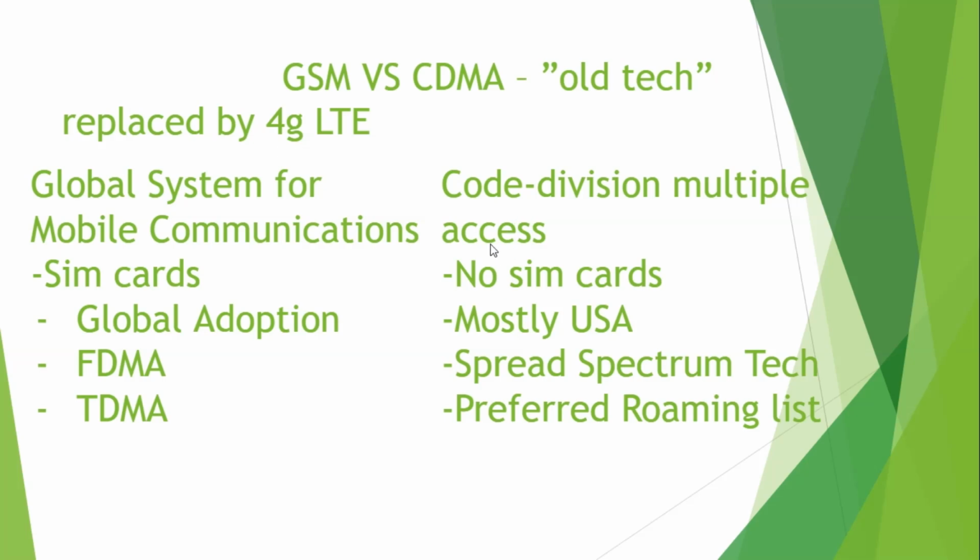One thing that I want you to take away is the preferred roaming list, because it is covered in the course objectives, and it's something they want you to know. What would they ask on a test? If you know that the preferred roaming list is attached to CDMA technology, and they ask something along the lines of, looking at GSM and CDMA, which one used the preferred roaming list?